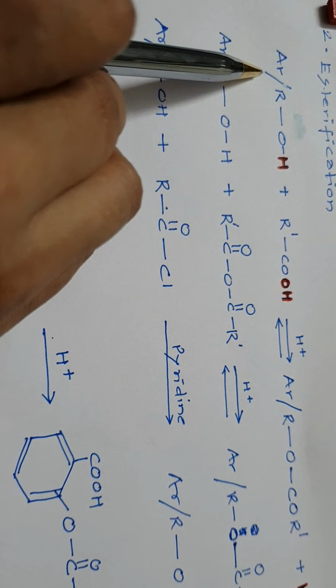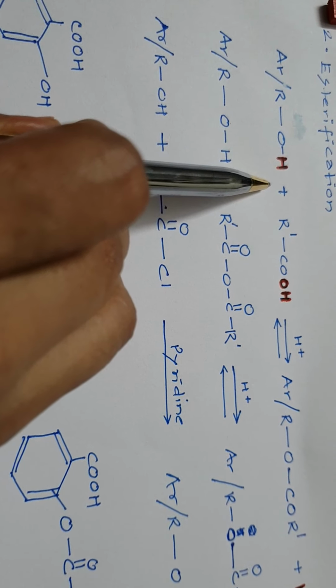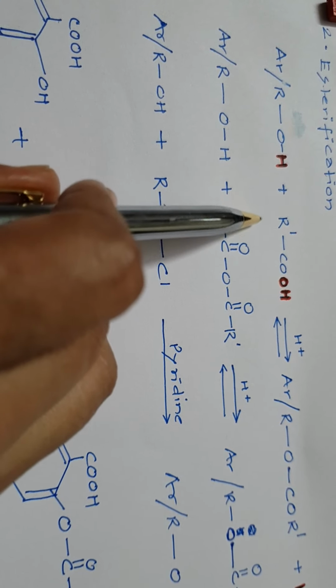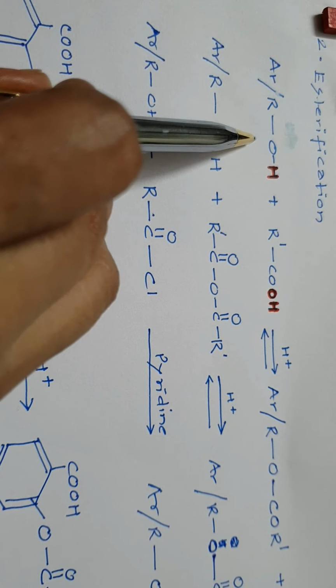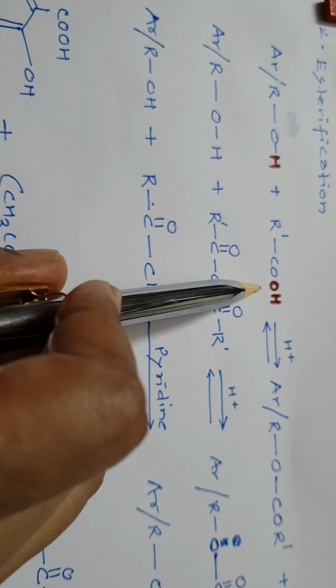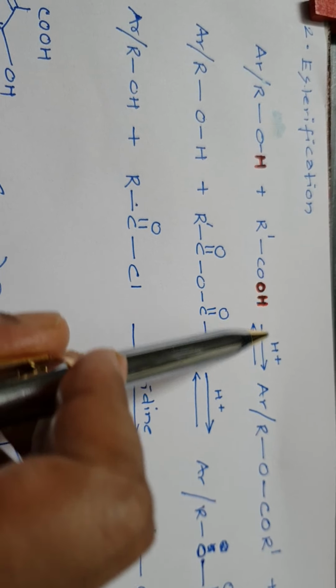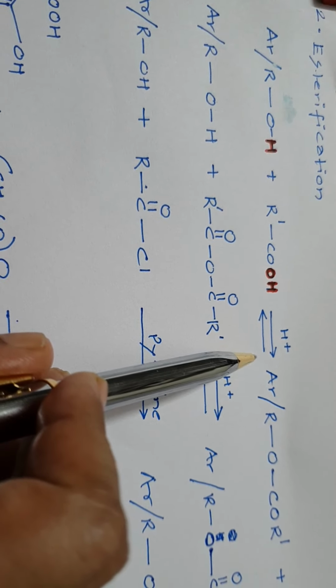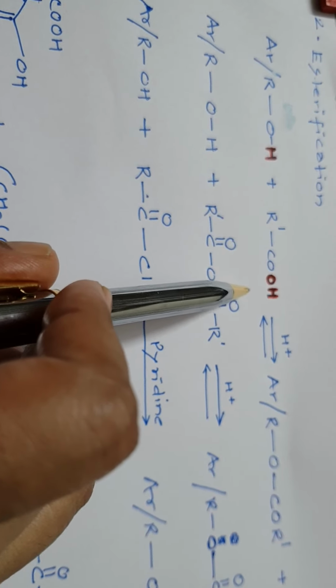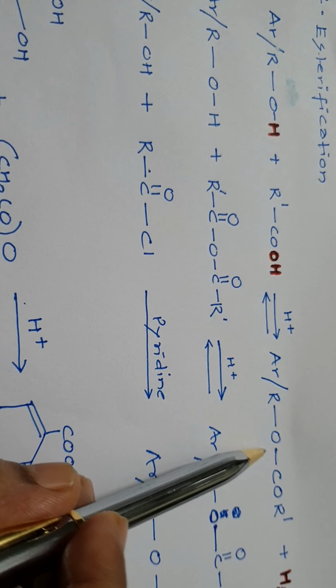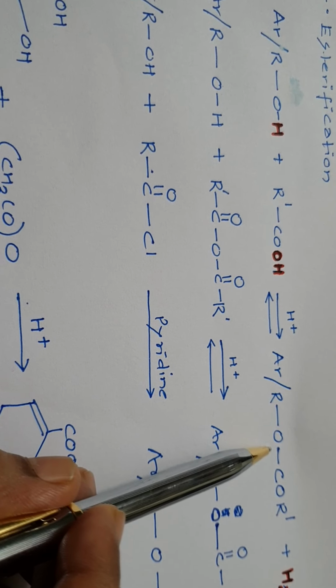An aromatic or an aliphatic alcohol will undergo a reaction with carboxylic acid. So, an alcohol with carboxylic acid in presence of a suitable acid undergoes esterification reaction to form ester as our main product.